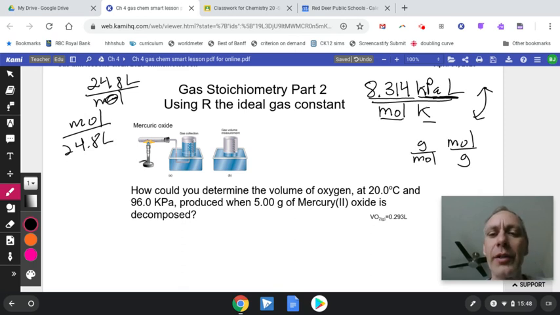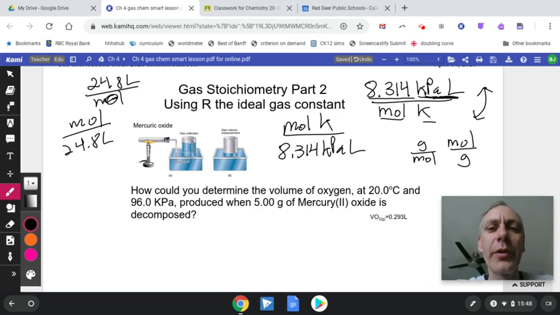We can flip this one as well. So if we flip it, it'll be mole Kelvin on top, 8.314 kilopascal liter on the bottom. So it's a ratio, it's flippable, and we do that when we need to cancel out units. So if we were looking for a volume of gas at R, we would leave it in this form because we'd be looking for the liters, and we want liters on top. So just remember that as we go through these problems, and I'll review it with you as well.